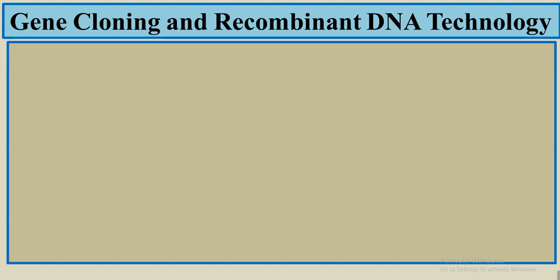So I have decided to start a series of lectures or videos which includes all the steps from step 1 to the end: how we can select the gene of our interest, how we can clone it, transform it, and how we can characterize it. This is part 1, and in this video I will give you a brief introduction about each step and what type of steps are included in this series.